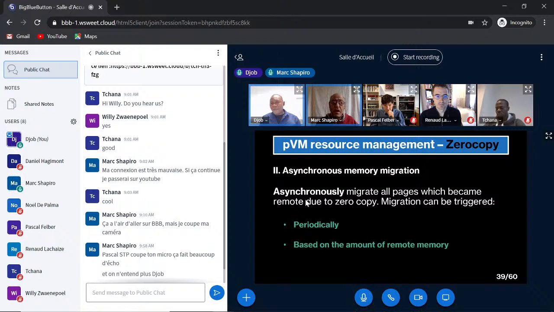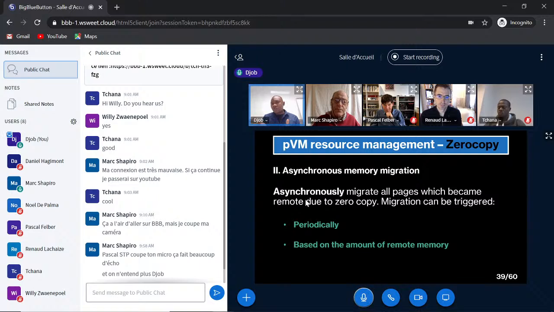But what if they're actually in use at the moment where you migrate them? Ah, yeah. If they're in use, we must wait. One of the heuristics we were thinking of is, since we want to do asynchronous migration, when is the ideal time to migrate? Is it when we observe less memory activity?